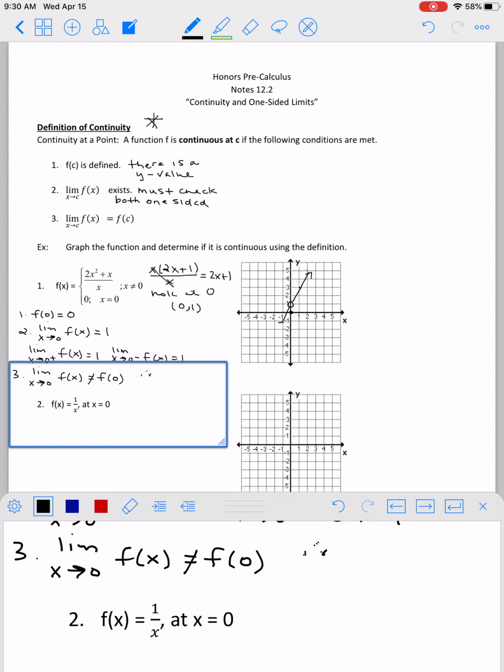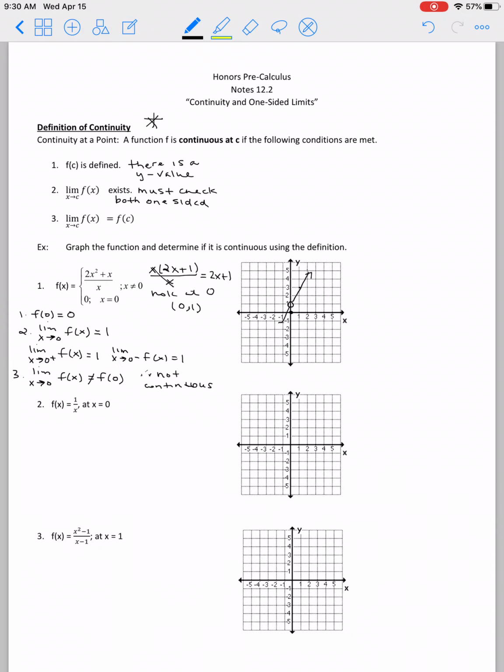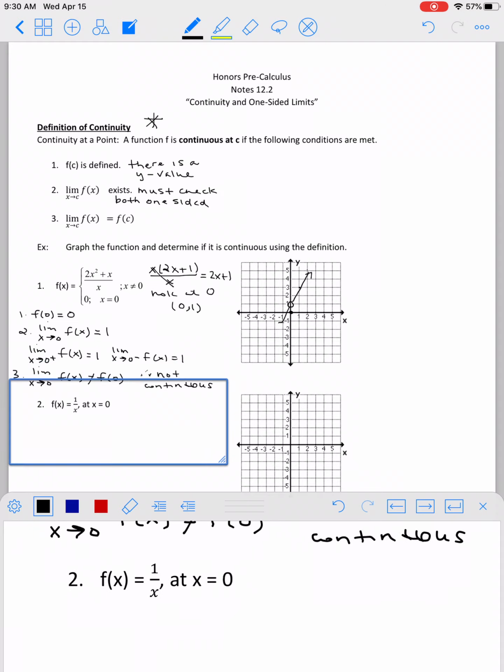Therefore, not continuous. So the point to be made here is that in continuity, puncture holes matter, where in limits we can have a limit at a puncture hole, but when we're talking about continuity, we have to look at that a little bit differently.